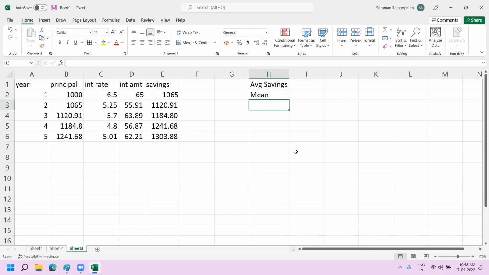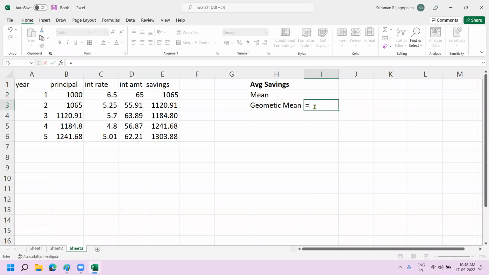And the second one is I can use the geometric mean. So geometric mean, the formula is multiplication of all the values and then the nth root. So here n is 5.